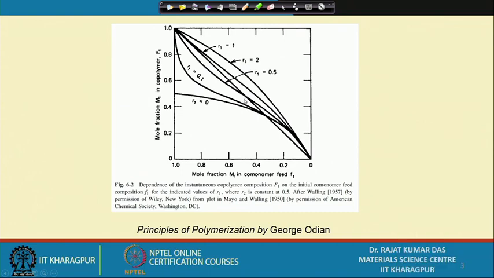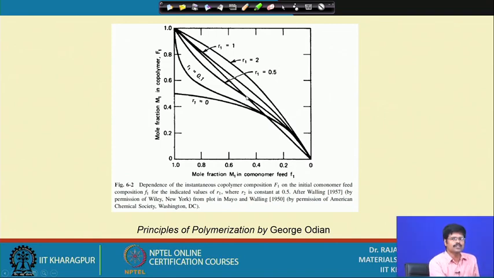So, if you take a comonomer composition that corresponds to this particular point, then this comonomer feed will go into the copolymer with the composition remaining unchanged. Whatever composition you took in the comonomer mixture goes directly into the copolymer formed, and that composition is dictated by that particular point.